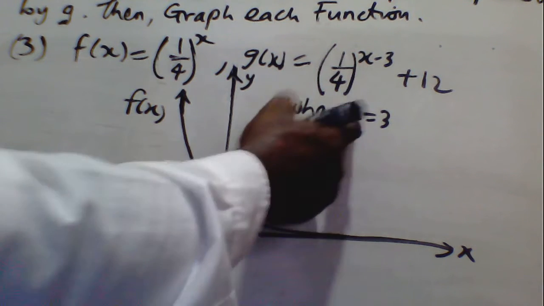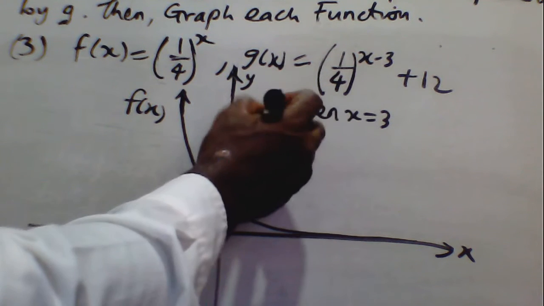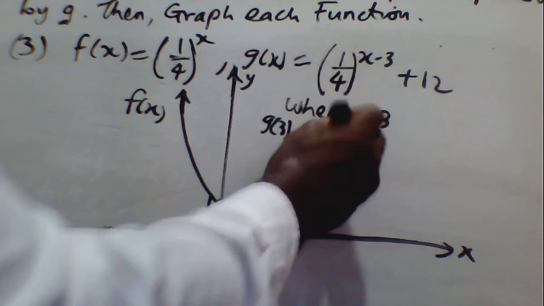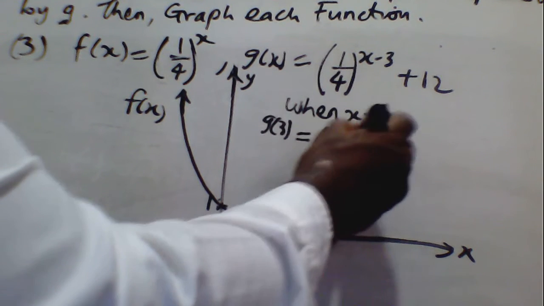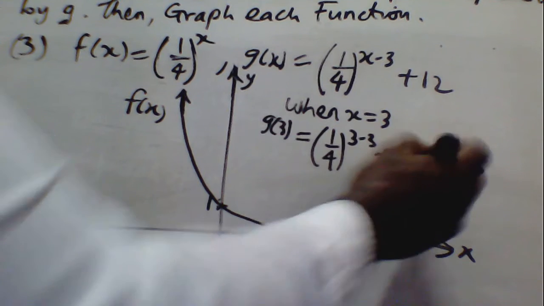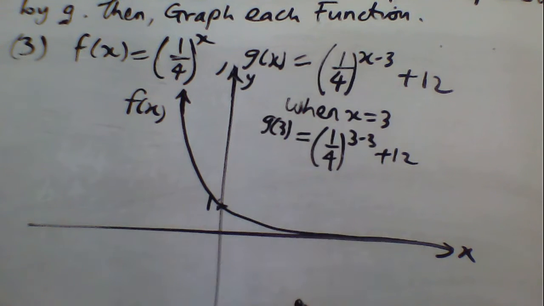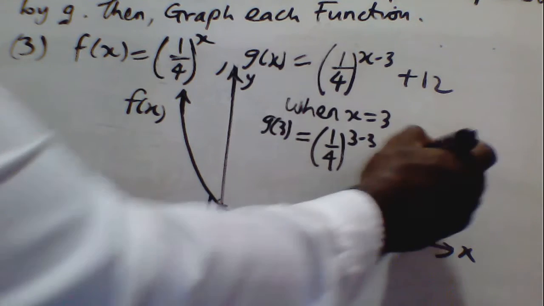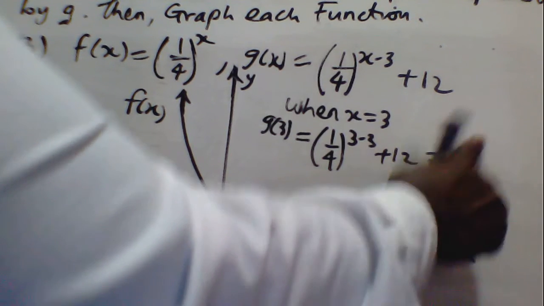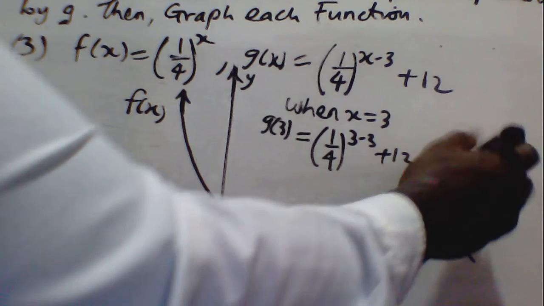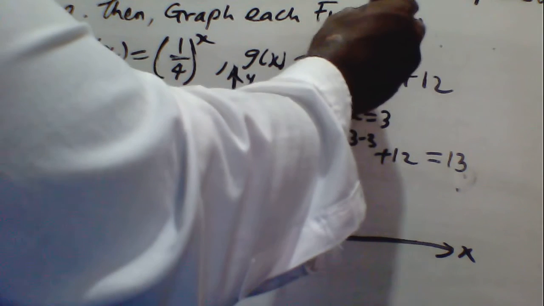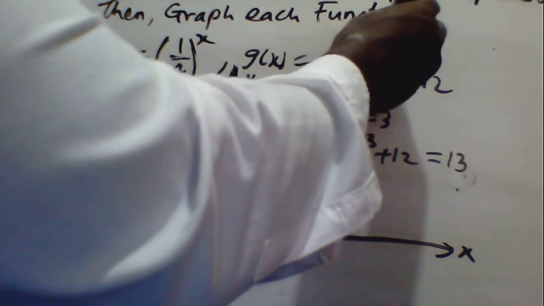So we have g of 3 equals 1 over 4 raised to power 3 minus 3, plus 12. 3 minus 3 gives us 0. Any number raised to power 0 is equal to 1. So 1 plus 12 gives us 13. So we have the first point, 3 and 13.